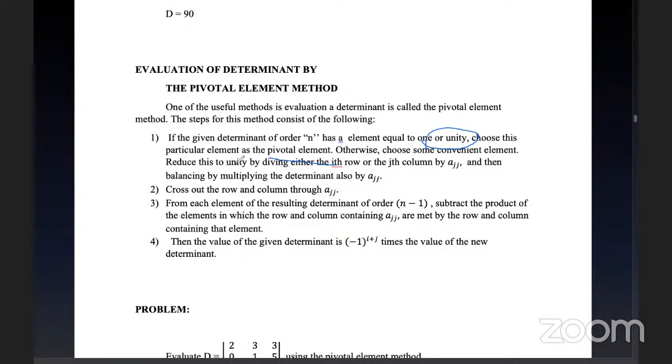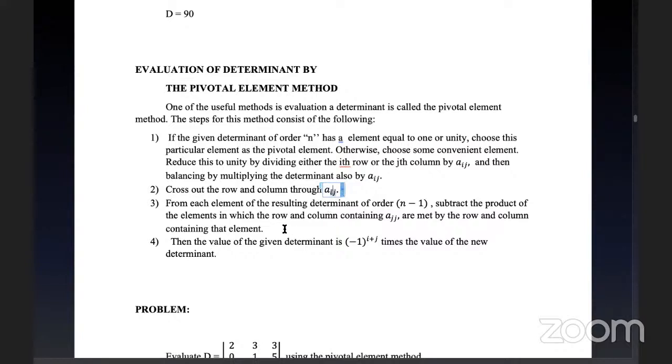And by dividing either the ith row or the jth column, and then balancing by multiplying the determinant also by aij. Then cross out the row and column through that element.